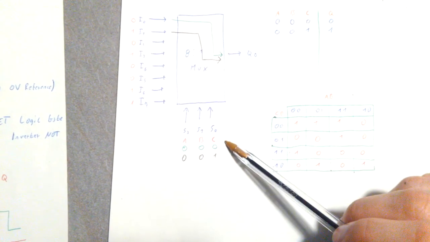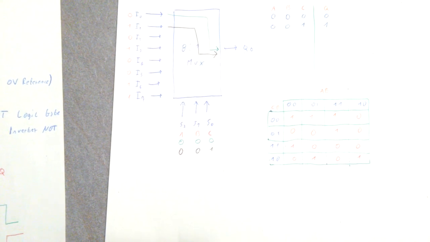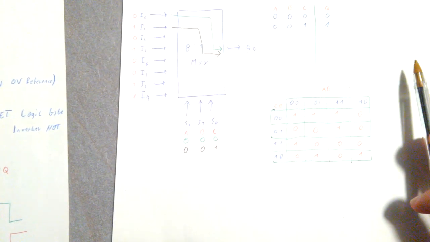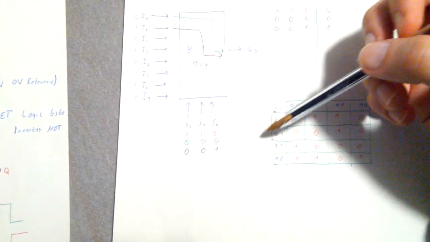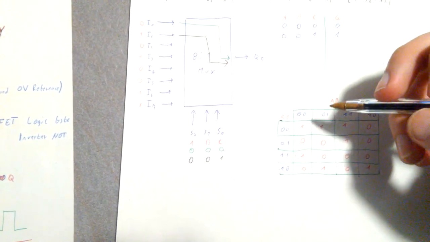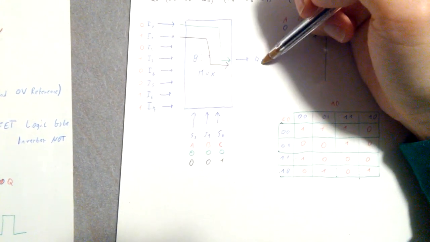So what I'm going to do is basically make groups. Let's suppose A, B, and C is 0, 0, 0. So it's going to select input 0, okay? And input 0 is going to go to the output.